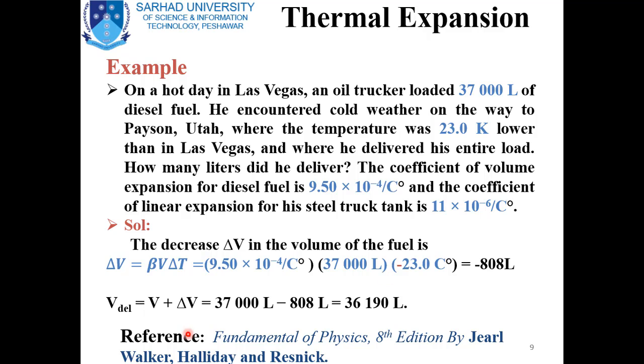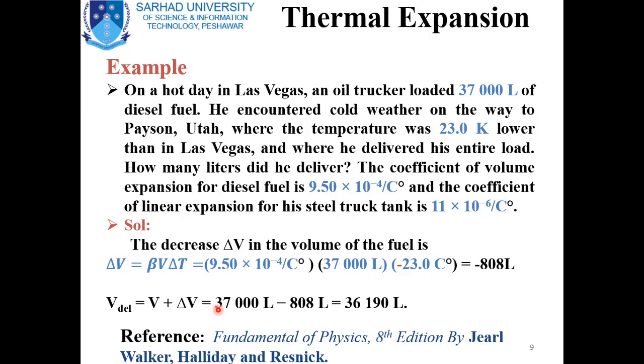So we can find the final volume, or the volume of the fuel which is delivered in Utah, which is equal to V plus delta V. V is the initial volume plus delta V is the change in the volume which is encountered in the traveling.